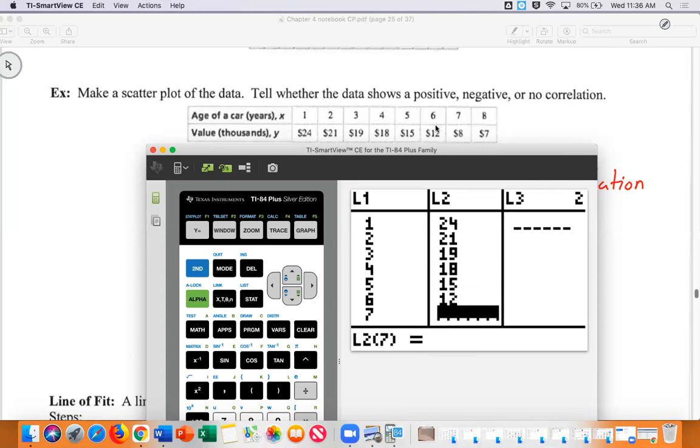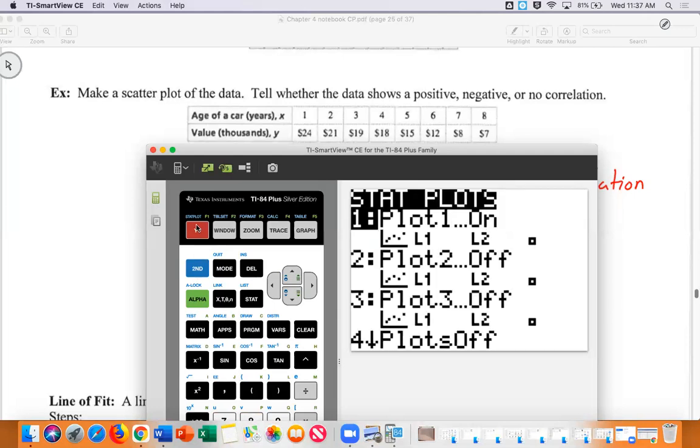Notice 6 and 12 are matching up here and here. 8, enter, 7, enter. Ava, let me know when you got all of that in. All in? Okay. Kimmy, you doing okay? Grace?